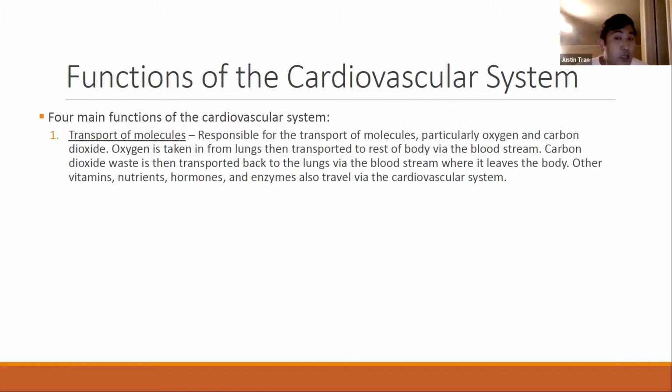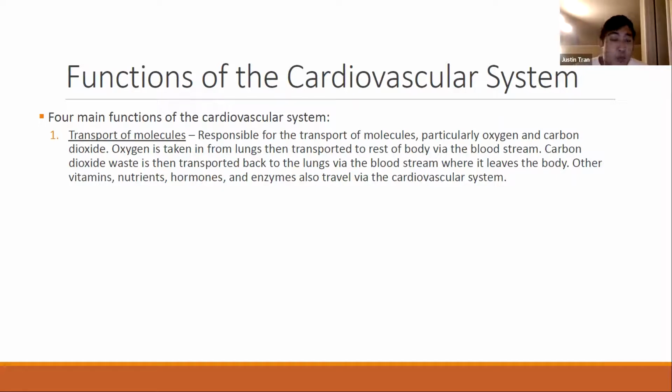Mostly a lot to the muscles, but a lot also to your internal organs in order for them to function, because a lot of the chemical processes in your body rely on oxygen. Another thing we know is that a byproduct of a lot of the chemical processes in your body is the production of carbon dioxide. And so the typical use case is you take in oxygen to your lungs.